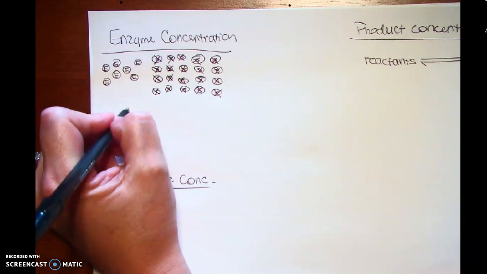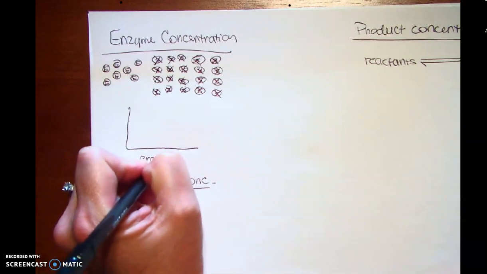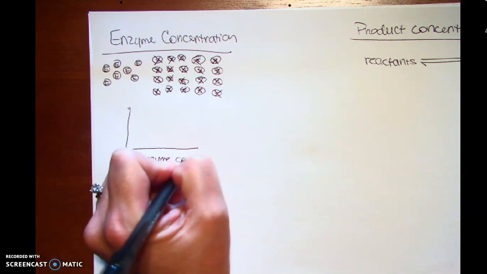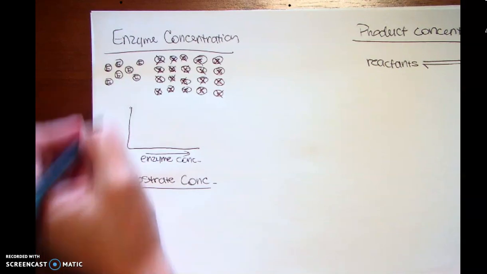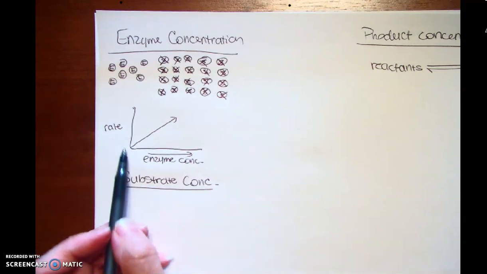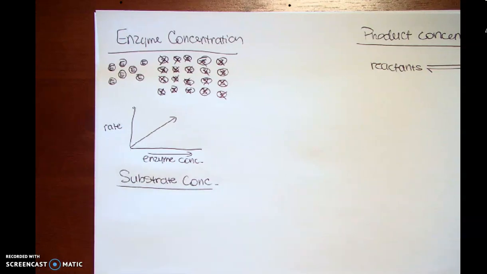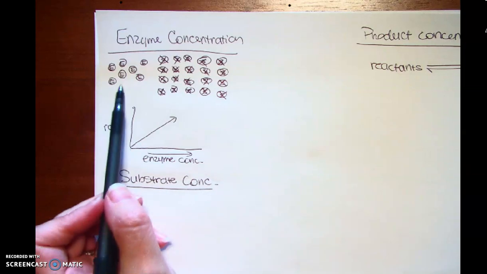So as you increase enzyme concentration, you see the reaction rate increase as well. More enzyme means a faster rate, so you're producing more product in the same amount of time. And that's simply because you have more workers.